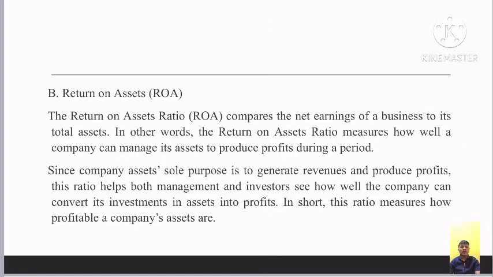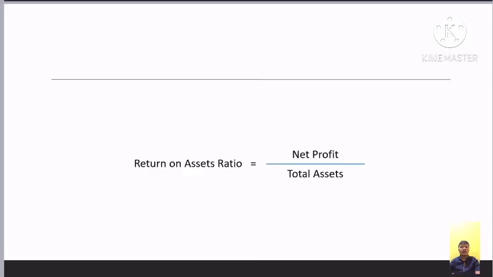Since company assets' sole purpose is to generate revenues and produce profits, this ratio helps both management and investors see how well the company can convert its investment in assets into profits. In short, this ratio measures how profitable a company's assets are. The formula for return on assets ratio equals net profit divided by total assets.